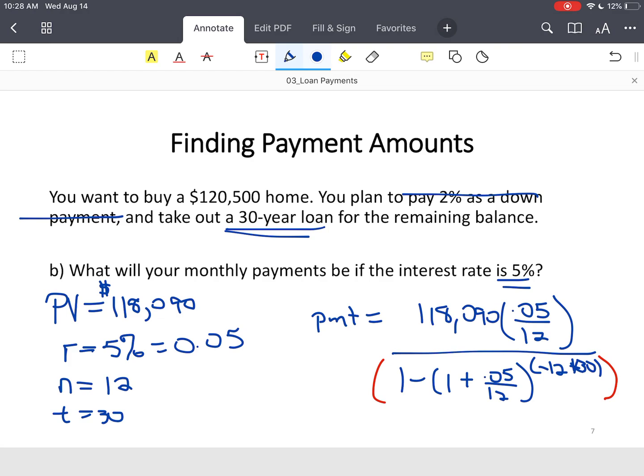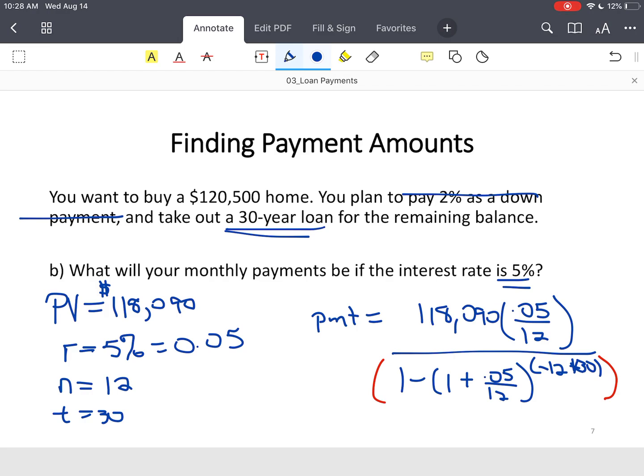And what you do, you take your $118,090, multiply it by 5% divided by 12, all over 1 minus 1 plus 5% divided by 12, close parentheses, raised to a power of negative 12 times 30.